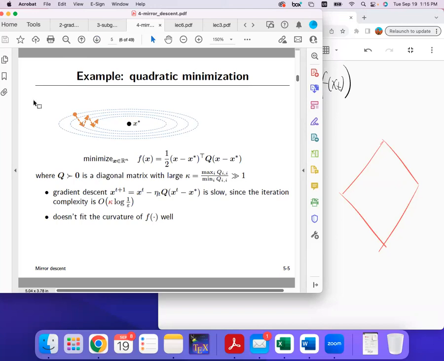Okay. For example, we have seen this quadratic minimization problem before, right? So X star is the minimizer, Q is a positive definite matrix.